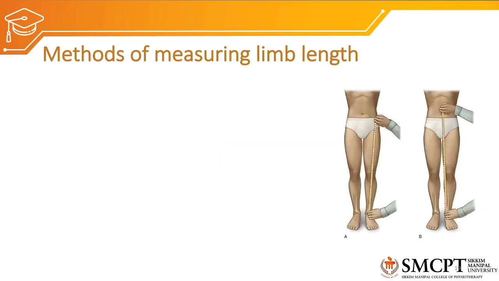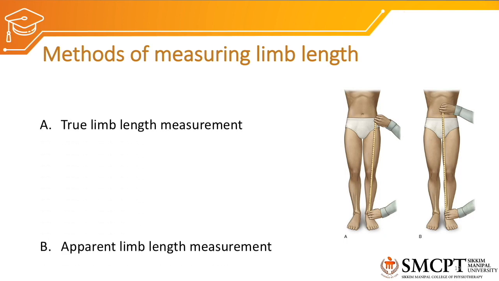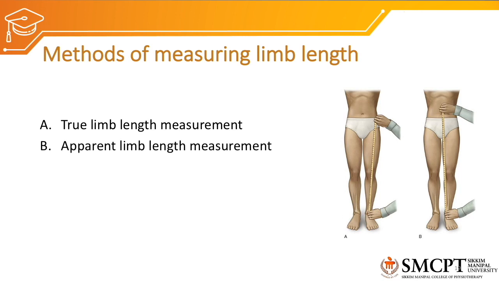Now let's move on to methods of measuring limb length. What are the types of methods that can be used to measure the limb length? Primarily two types of methods are used: A, true limb length measurement, and B, apparent limb length measurement.